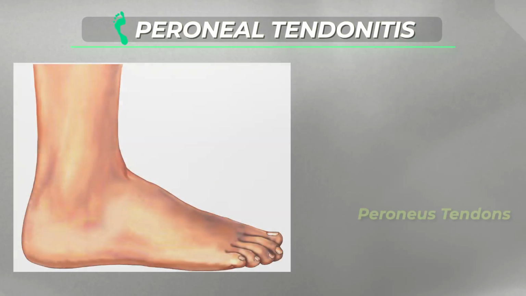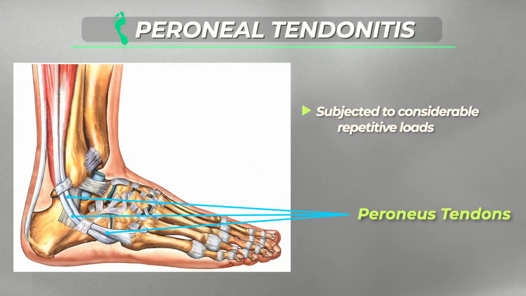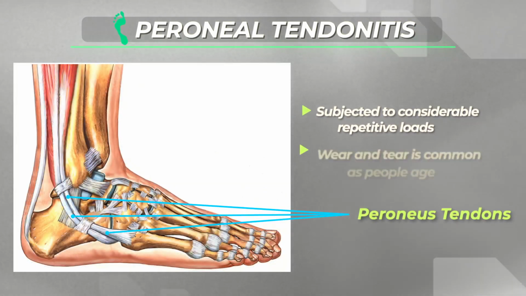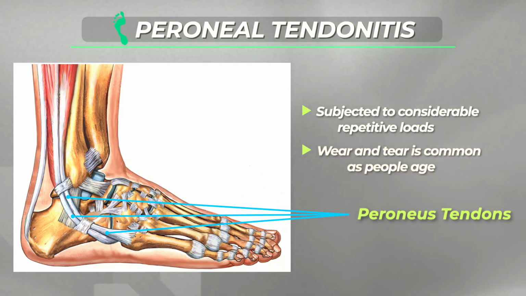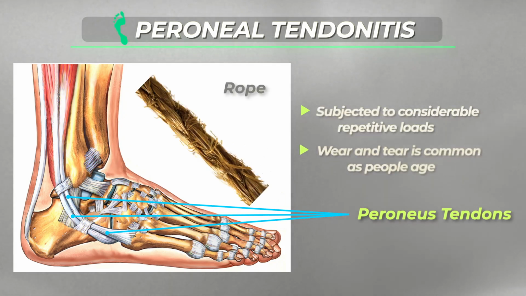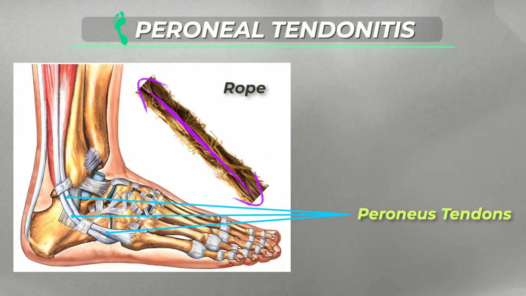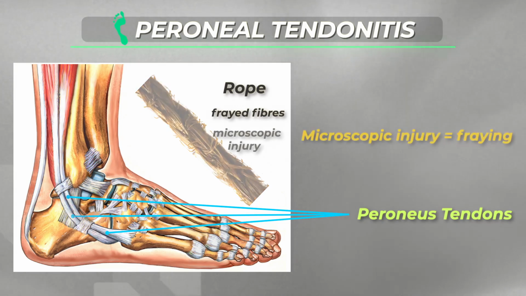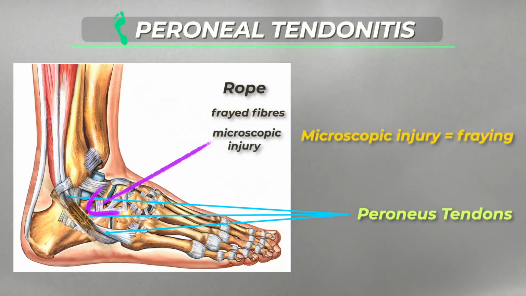With the peroneal tendons being subject to considerable repetitive loading over time, wear and tear on the tendons is common as people age. Think about a rope that gets continually loaded over many years. Eventually, some of the fibers of the rope will fray. Microscopic injury is the equivalent of fraying for the fibers of a tendon.